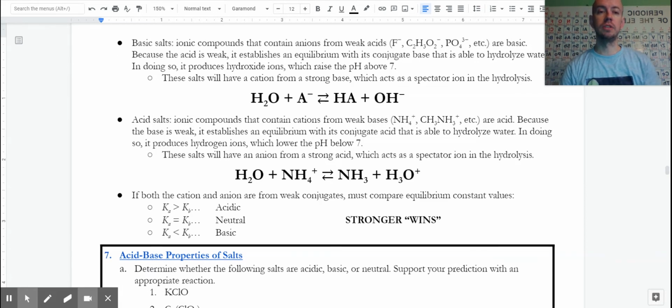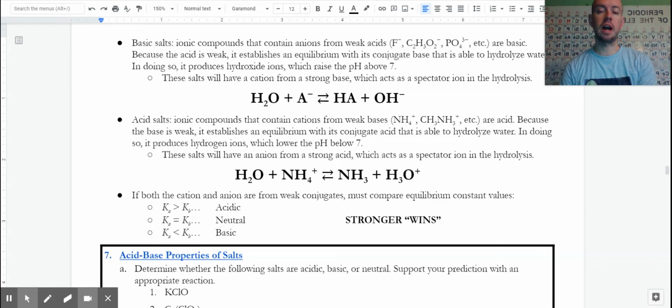We can also have salts that are acidic, and that's when we had a weak base reacting, because the weak base will turn into a weak conjugate acid. Ammonia is a great example, but we've got some others here as well: ammonia derivatives or any other cation that came from a weak base. So it's not the weak base itself, it is the conjugate acid of that.